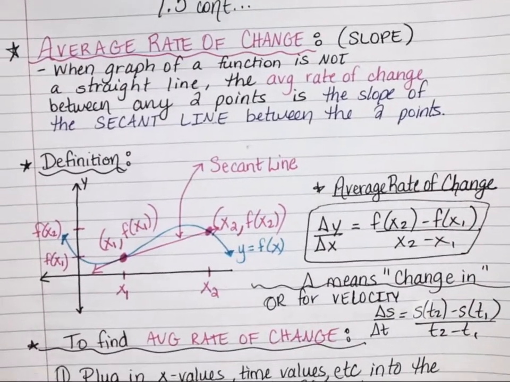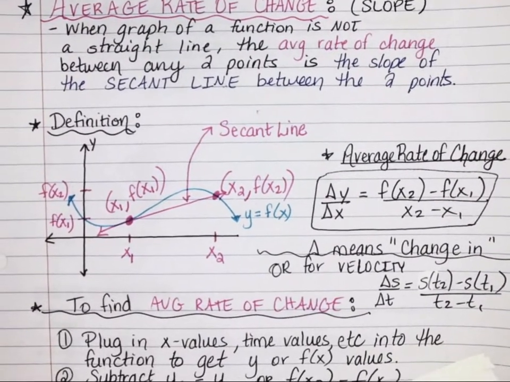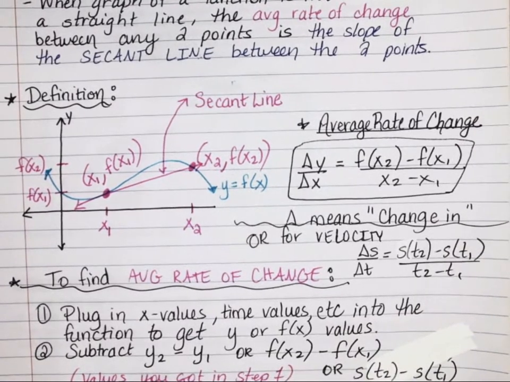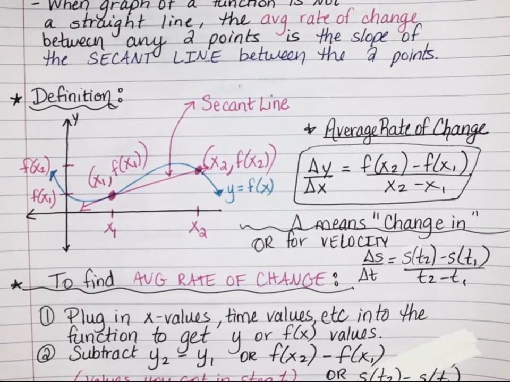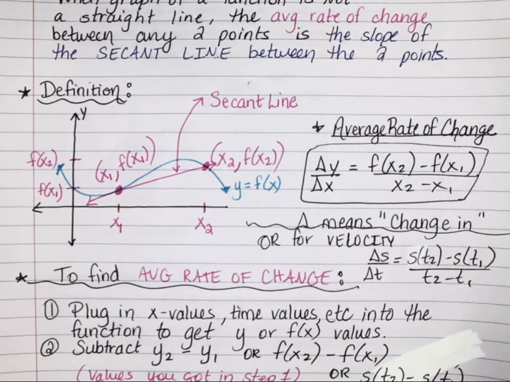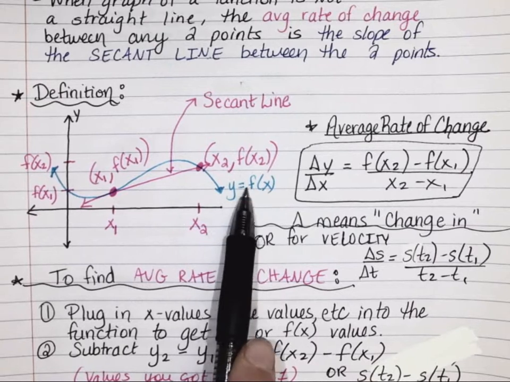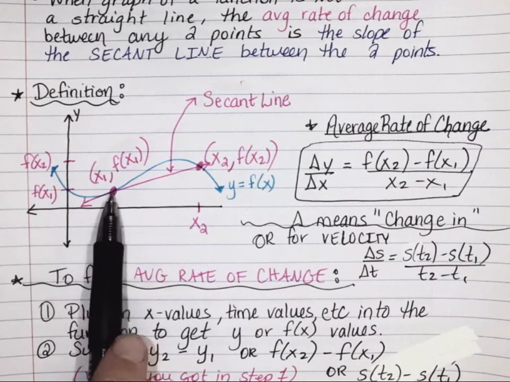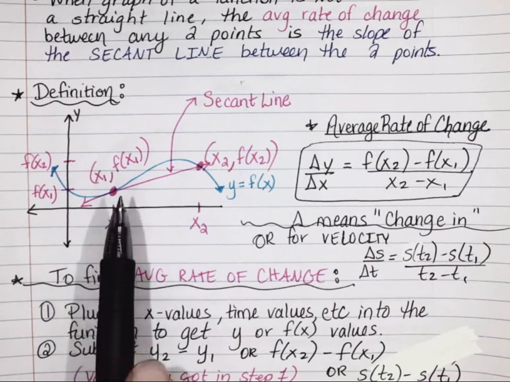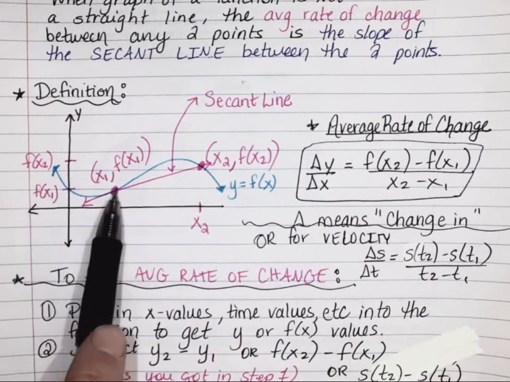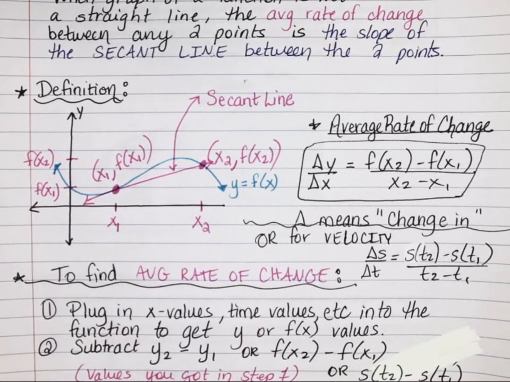Okay, so to show you that, now let's talk about the mathematical definition behind it. So the definition of average rate of change says if I've got some graph that's not linear, such as the blue graph y equals f of x, some function, and I know 2 ordered pairs that are on that blue graph, they have some x1 and some y coordinate associated with that.